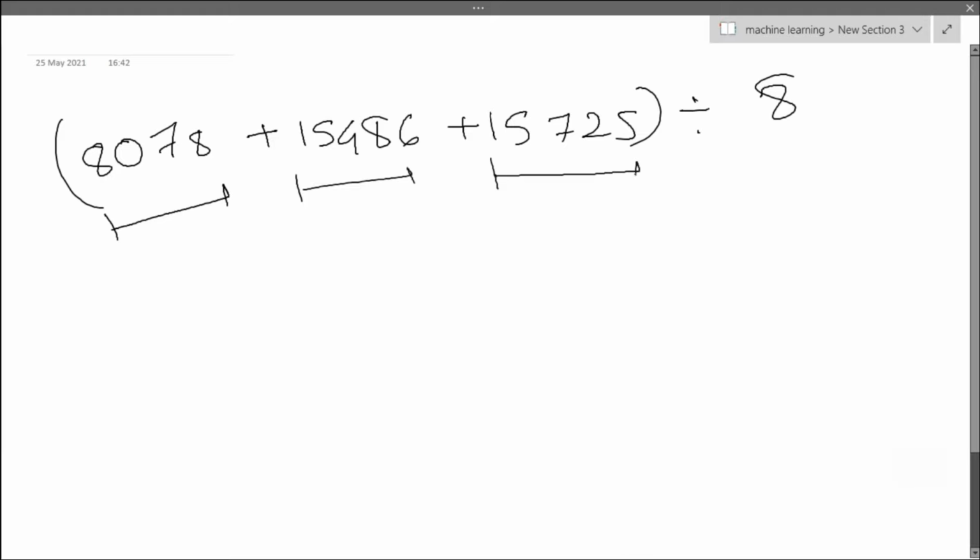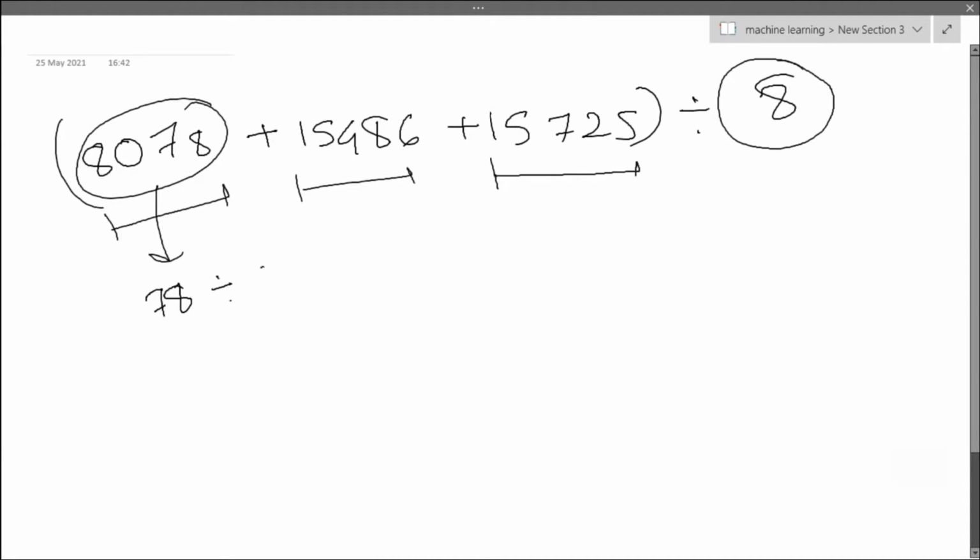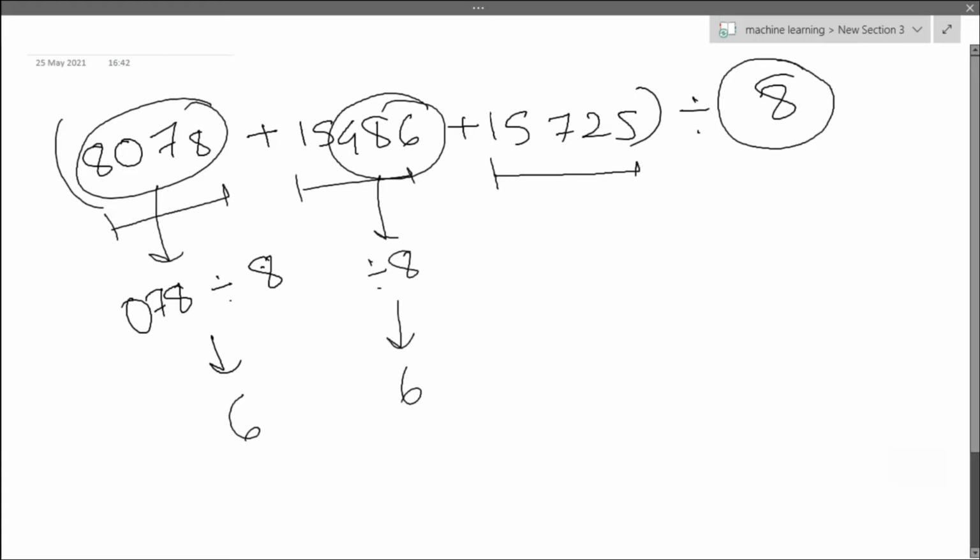Each component we divide by 8 and find its remainder. For 8078, we can only divide the last 3 digits by 8 and the remainder is 6.